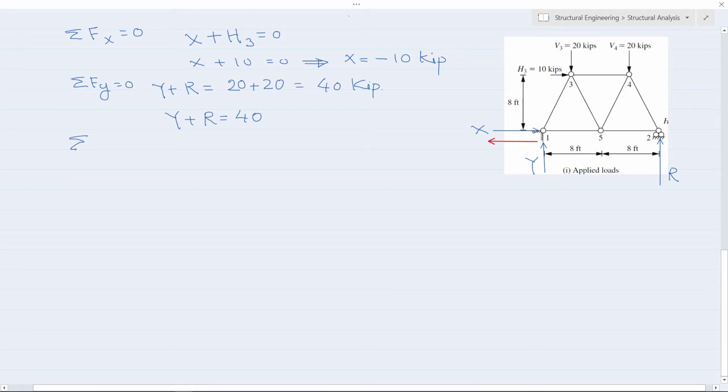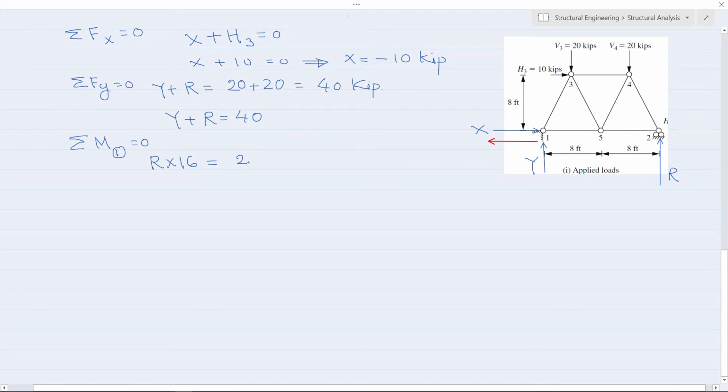Now we can apply this condition, sigma M about node number 1 is equals to 0. So that will reveal that first this R gives an anti-clockwise rotation. So R is multiplied by 8 plus 8 is 16 feet, and this will be equals to the 20 acting at node number 3, which will be passing at 4 feet.